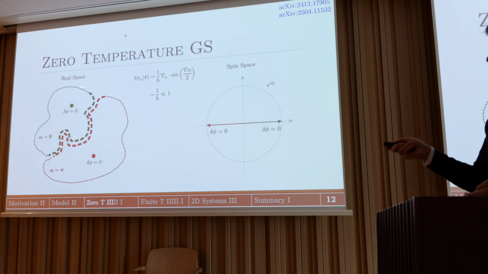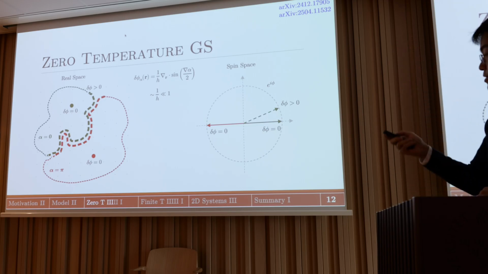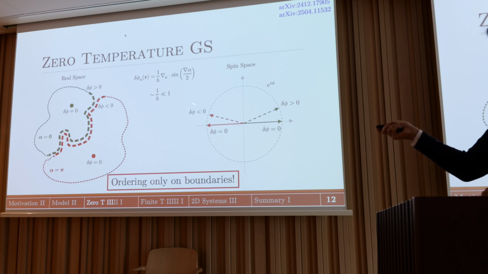However, things are different along the boundary. Because there is a non-zero gradient of my random phase alpha, my delta phi is going to be non-trivial at the boundaries. In particular, you can do the calculation and find that delta phi is positive, which means this dashed green arrow has a slight slanting in the upwards direction. You can do the same thing for the red boundary and find that delta phi is negative, which means a slight slanting in this direction.